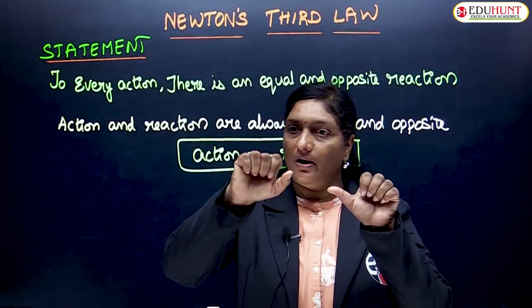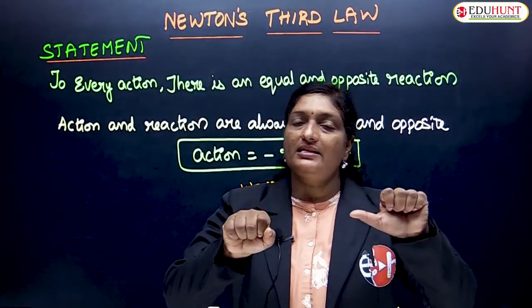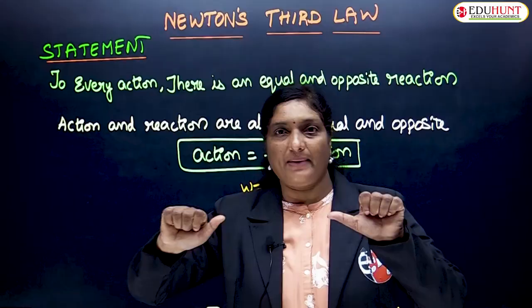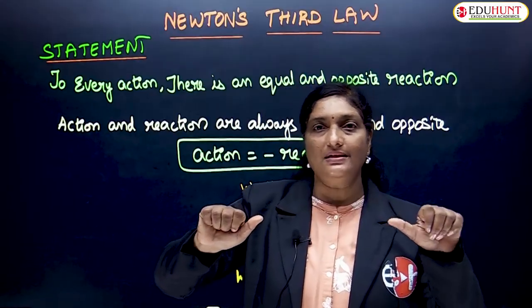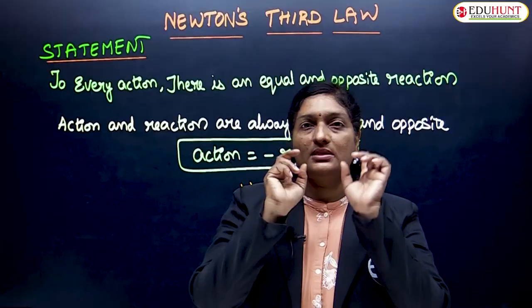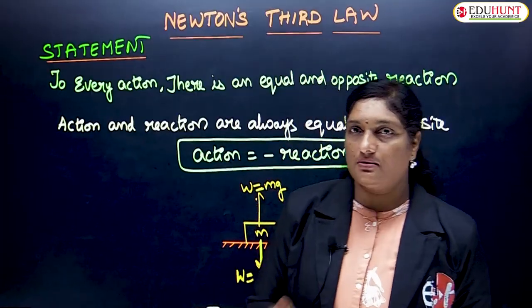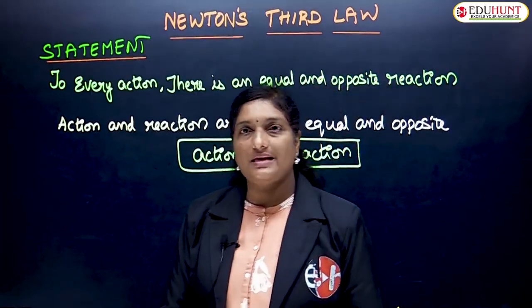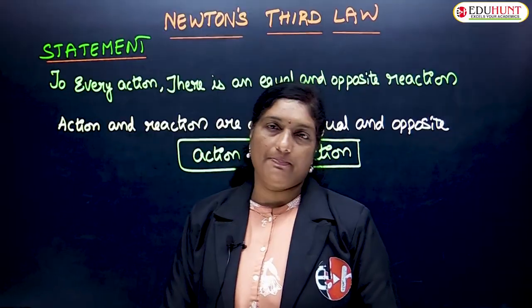That means if the action part is A, the reaction part will be on B. If A applies 5 newtons, here also it applies 5 newtons. Simultaneously, both show the same reading, that is 5 newtons. Okay, children? So this is a normal example you can consider in your lab.